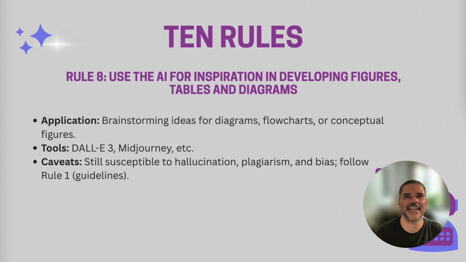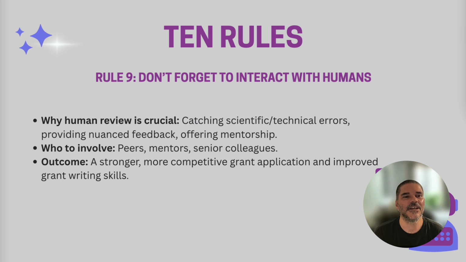We're almost at the end. We're now at rule number 9. So don't forget to interact with the humans. If you're doing this work on your own, then do you have another trusted colleague in another organization or charity who's a grant writer that you can send in this grant and say, hey, could you have a look at this?